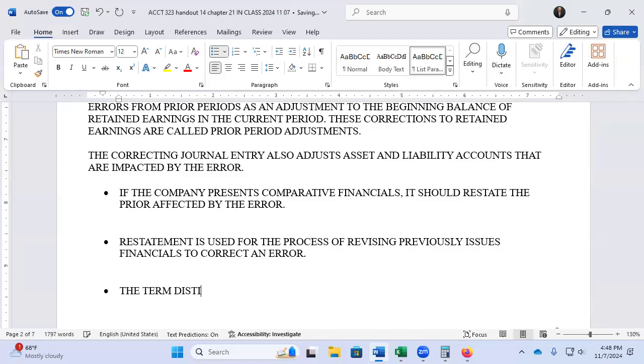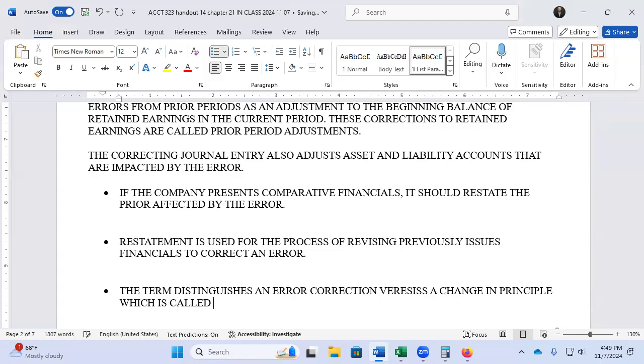The term distinguishes an error correction versus a change in principle, which is called recast or revise.